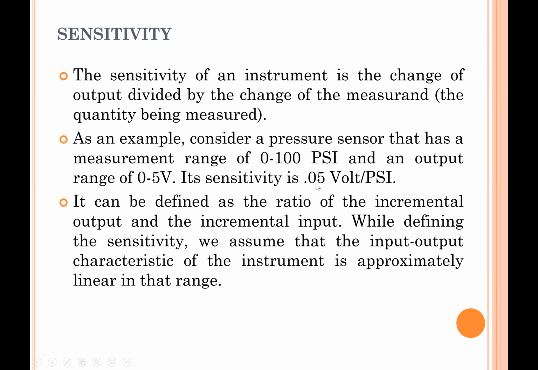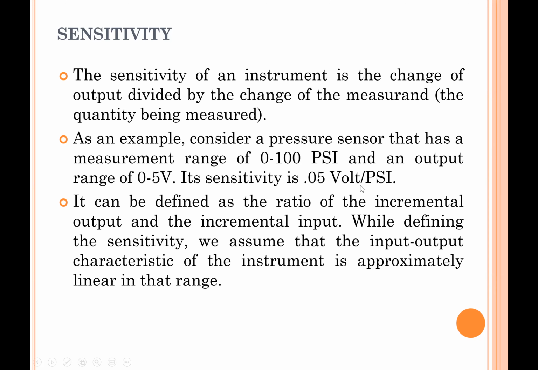Once again, I am saying sensitivity means the possible change in the output divided by the change in the input. Now here if I have a gauge जिसका इनपुट रेंज करता है 0 से 100 psi and आउटपुट रेंज करती है 0 से 5 volts. In that case, the change in the output, that is 5 volts, divided by the change in input, that is 100 psi, gives you 0.05 volts per psi.